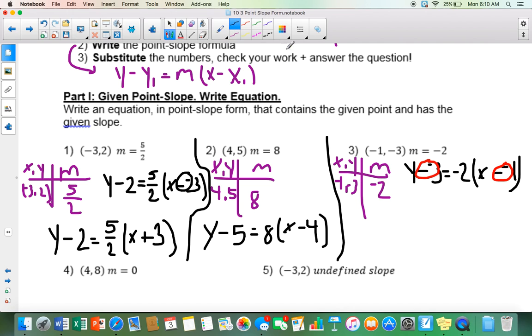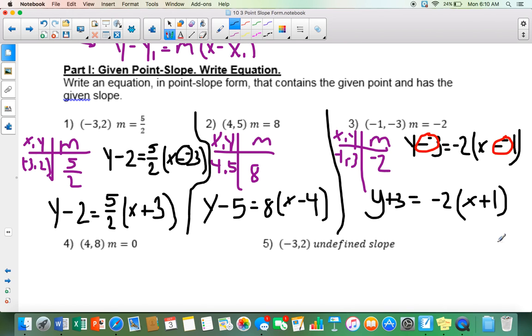So there's obviously something we're supposed to do. Whenever I see minus and negative, that really means plus. So y plus 3 equals negative 2 times x plus 1. And that would be our final answer for this one.